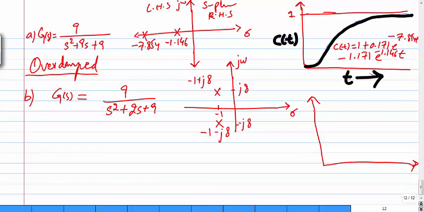Okay, so again, if this is my 1, my response equation looks like C of t is equal to 1 minus exponential minus t times cos of under root 8t, and I think we have plus here, under root 8 divided by 8 sine of under root 8t.